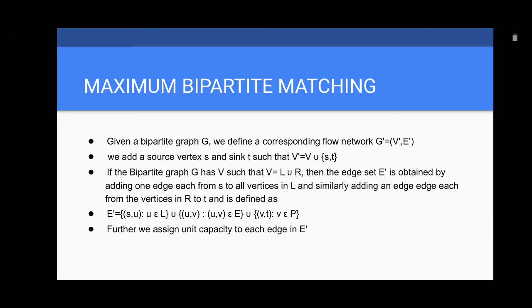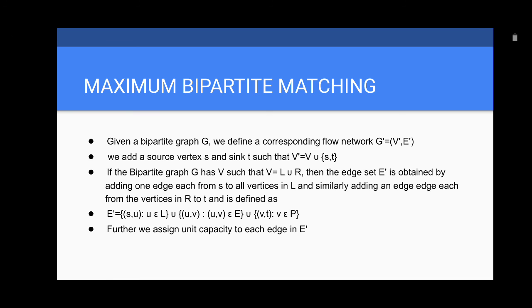Given a bipartite graph G, we can define a corresponding flow network G' = (V', E') by adding a source vertex S and a sink T such that V' = V union {S, T}.